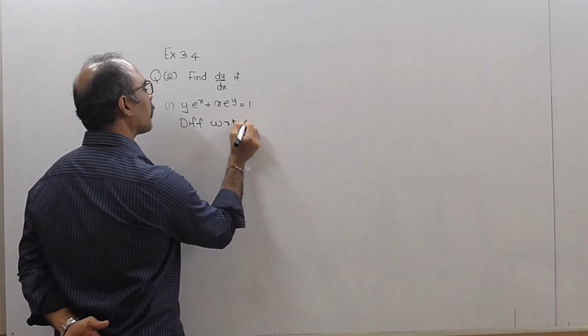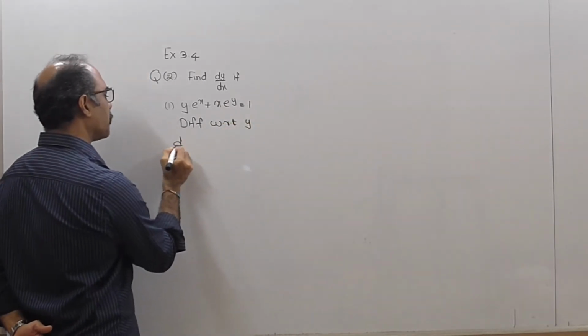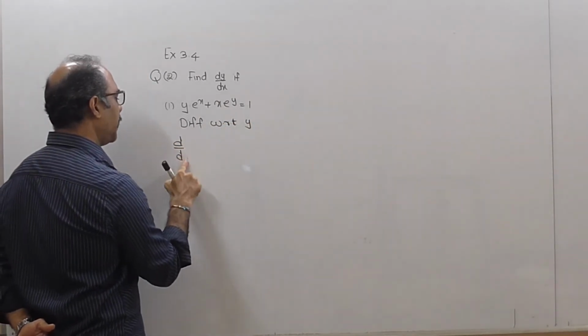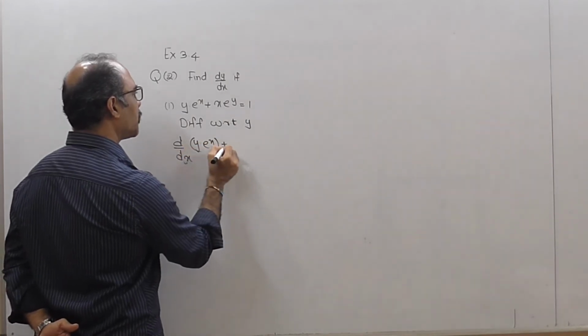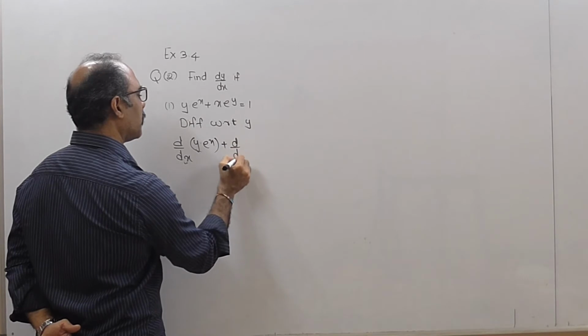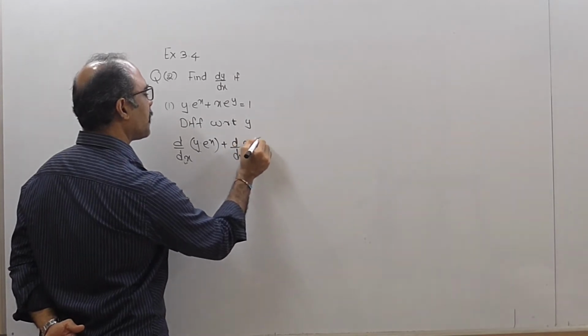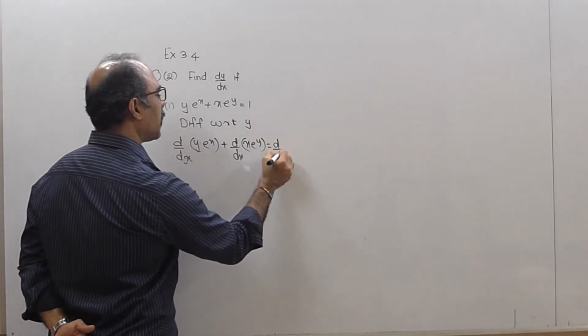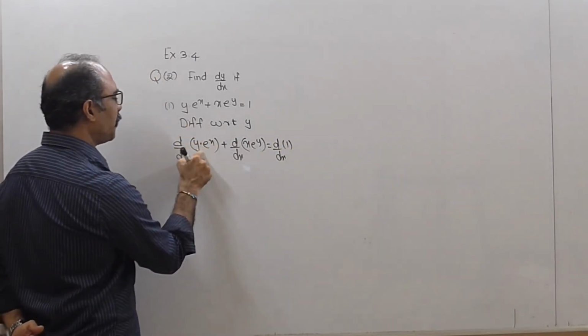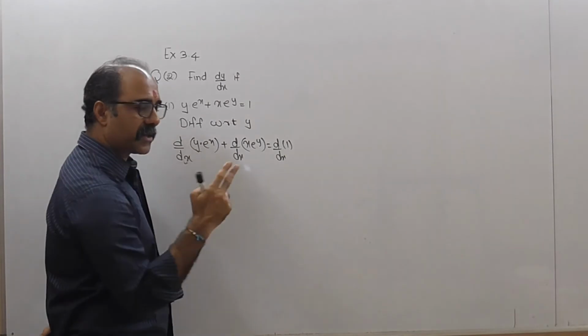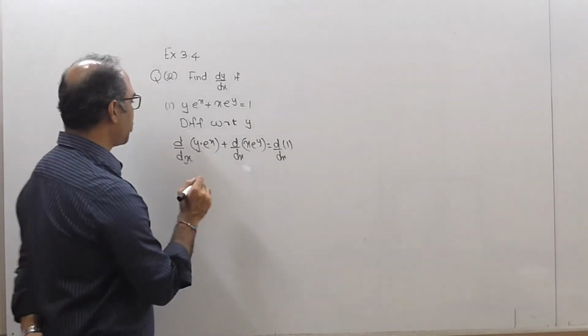Differentiate with respect to x. d by dx of y into e raised to x plus d by dx of x into e raised to y, that is equal to d by dx of y. So y and e raised to x, two functions which is having a multiplication sign in the middle.